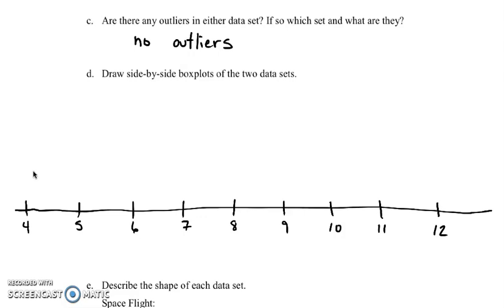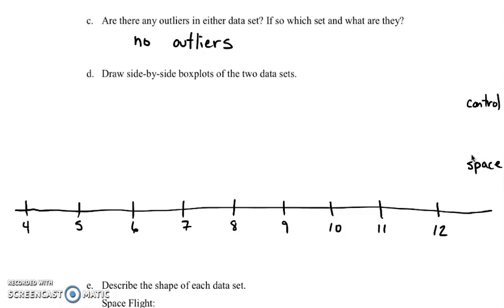So let's draw our data. Let's start by putting our fences, and I am going to do the control group on top and the space group on the bottom.